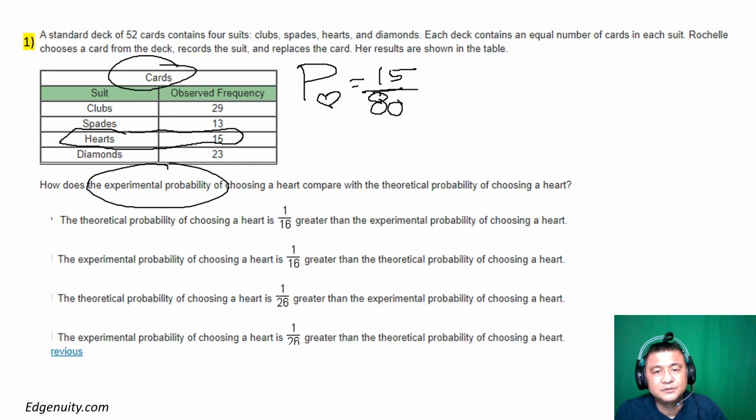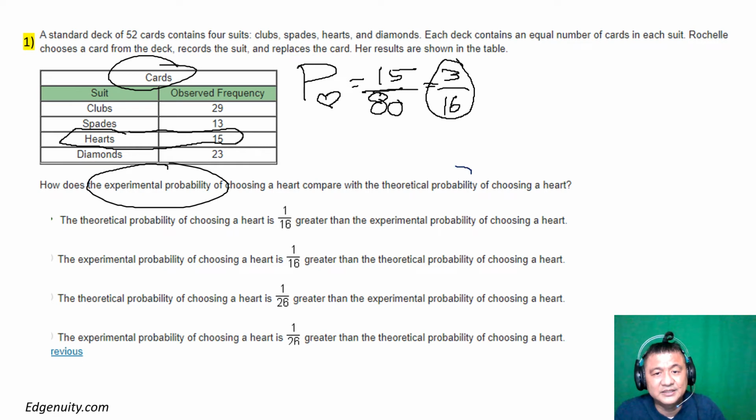Now the lowest terms for that: 15 divided by 5 is 3, 80 divided by 5 is 16. That's the lowest terms. Are we good? That's the experimental.